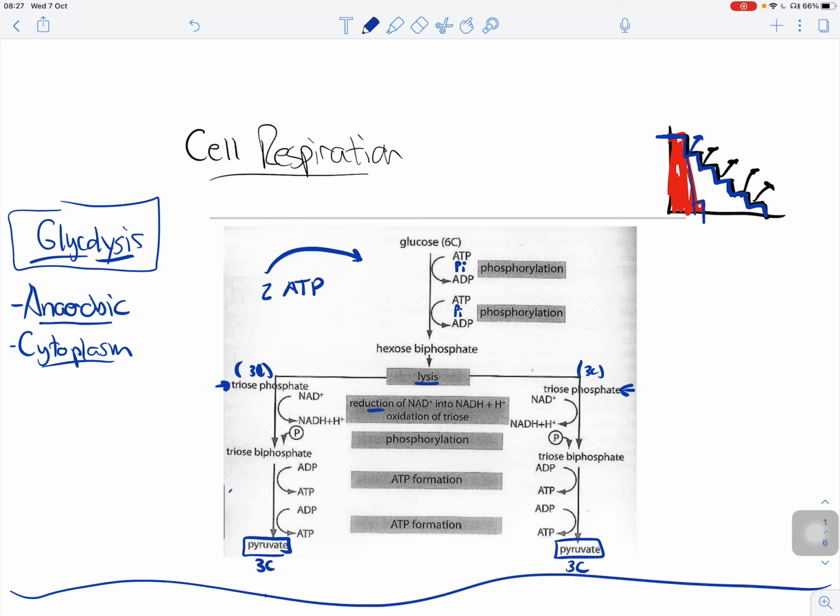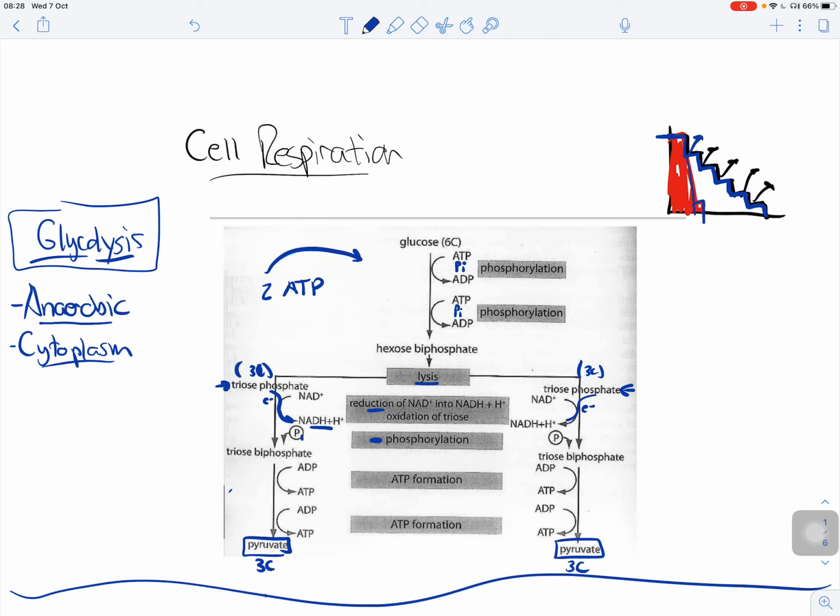So basically the idea here is an electron taken away from the triose phosphate and added to NAD plus to make NADH. Okay? And that happens twice. Okay? So high energy electrons move from triose phosphate onto NAD plus, to form NADH and H plus ions.